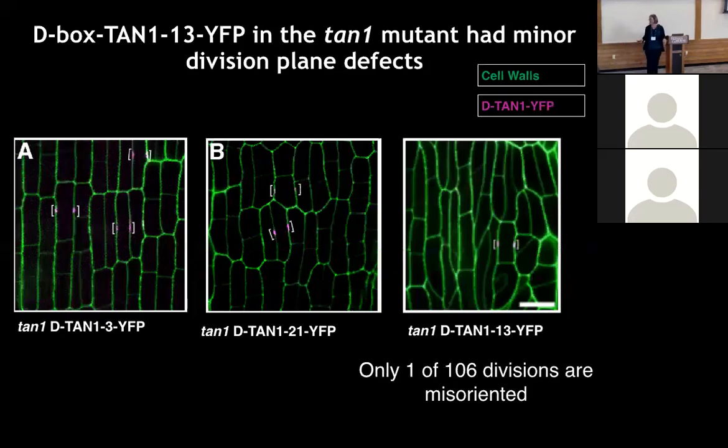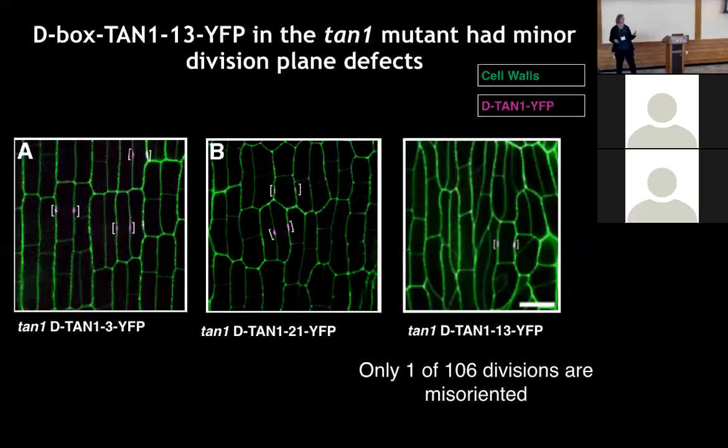So we were like, why is this happening? But we did see one, and we were excited about it, lucky number 13. Destruction box, tan-YFP, event number 13, because it looked like it had a division plane defect. So we thought, aha, here's the one. We can use this one to understand tangled's function during telophase, because obviously it has misoriented divisions.